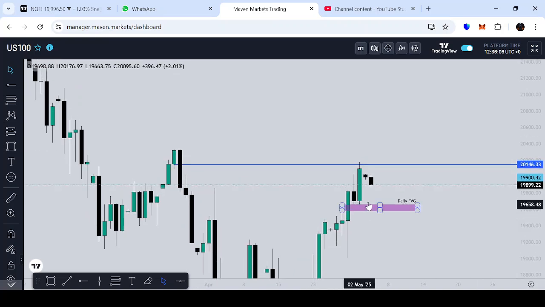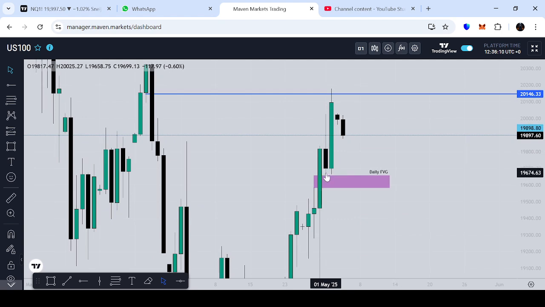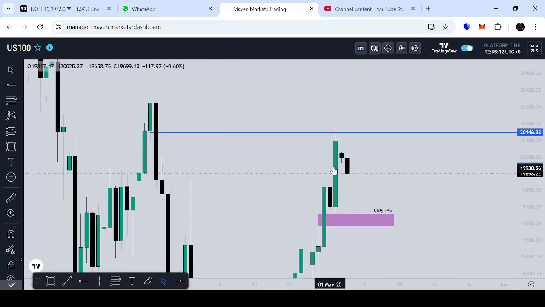We have a daily fair value gap, and this is a sell liquidity. The high of this candle has been taken, but the low is still yet untouched.